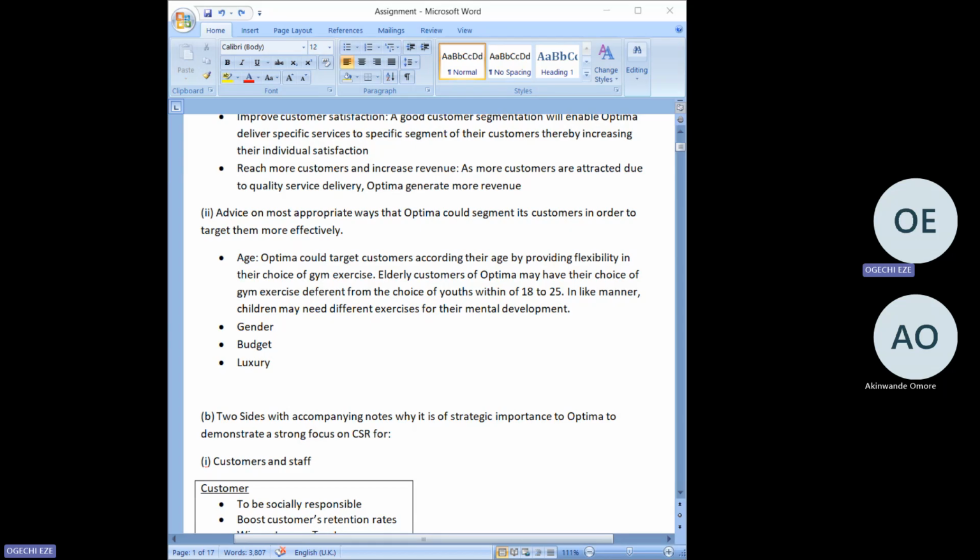Then from Optima's website, I can also see flexible membership, with a focus on their customers.